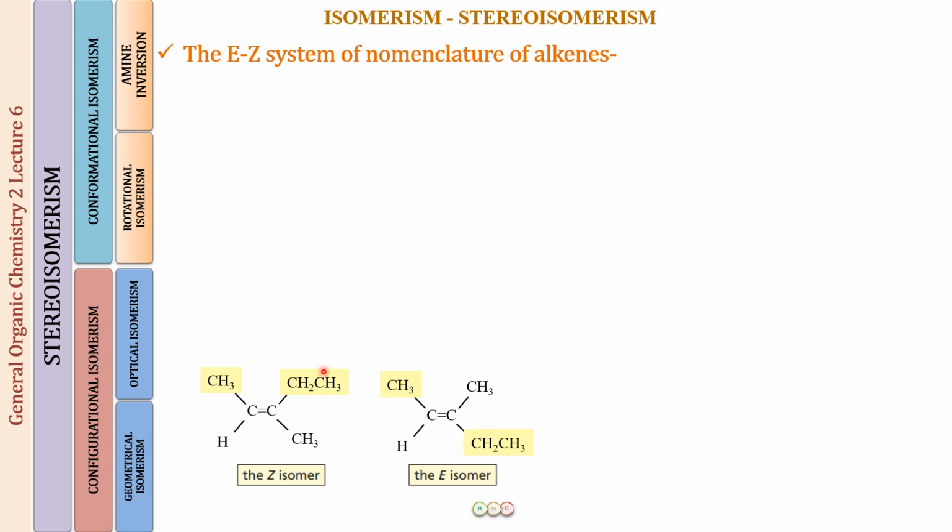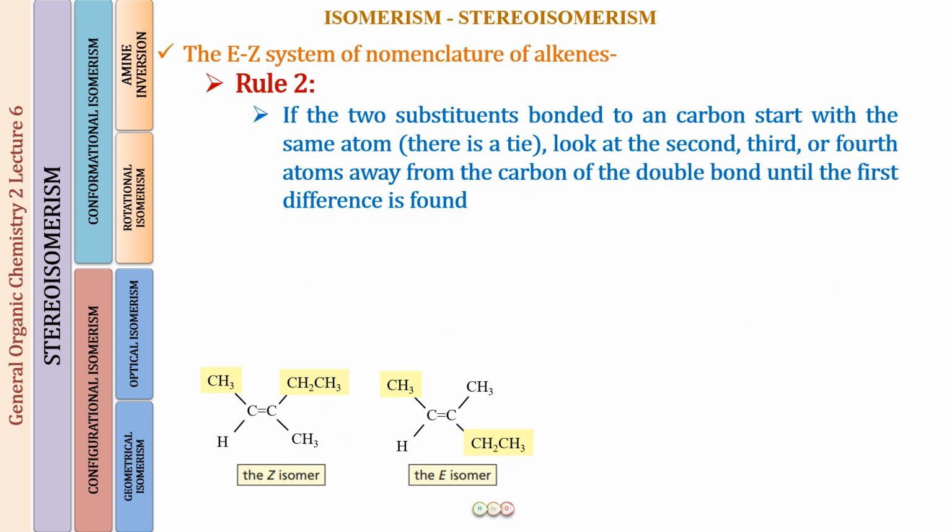You can see that the ethyl group is a higher priority group, but why? We have a rule for that. The rule says that if two substituents bonded to a carbon start with the same atom, there is a tie, as we have a tie of the two carbons over here, then we look at the second, the third or the fourth atoms away from the carbon of the double bond until we reach the first point of difference.